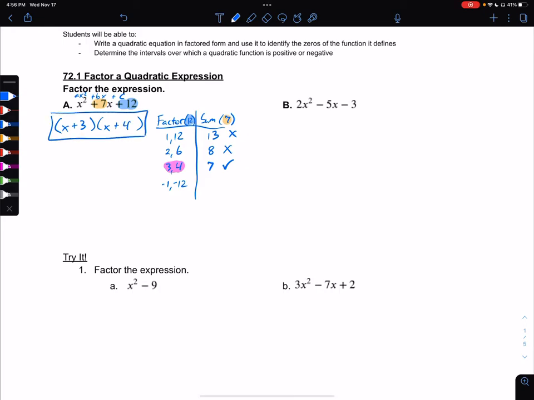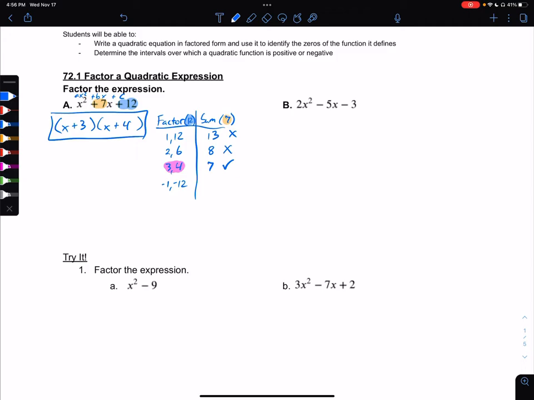And that is the factored form of our original expression. You'll need to keep going through some problems to get the hang of this, but the basic idea in its simplest form is you're looking for factors of c that add up to b. So in this case, factors of 12 that add up to 7.